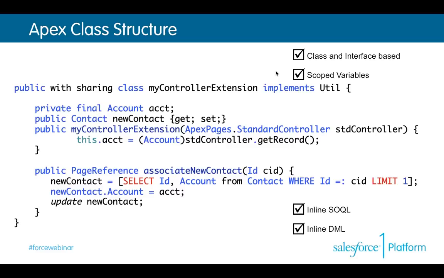I can scope my class. This one is scoped to public. It could also be scoped to either private or global. And then I also support scoped, strongly typed variables in my code as well. So we see a private final account, we see a public contact, and the data types here are referring specifically to the kinds of data structures that we're going to see within the Salesforce1 platform.